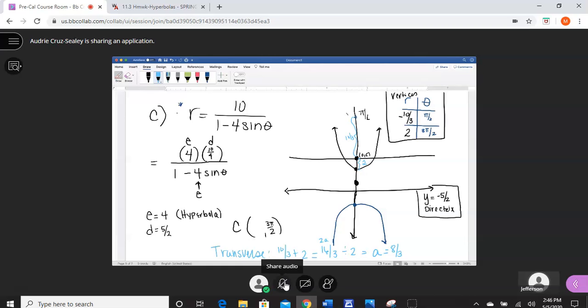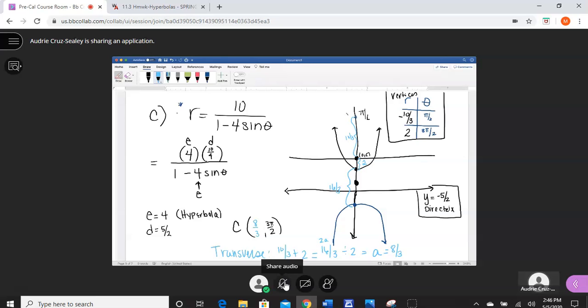Yes. Okay. So if this is 10 thirds, and that's 2, in between there, you have a value of 16 thirds. Half of that is 8 thirds, but you're going from here down, so it is 8 thirds. So I think the center is 8 thirds, 3 pi over 2.